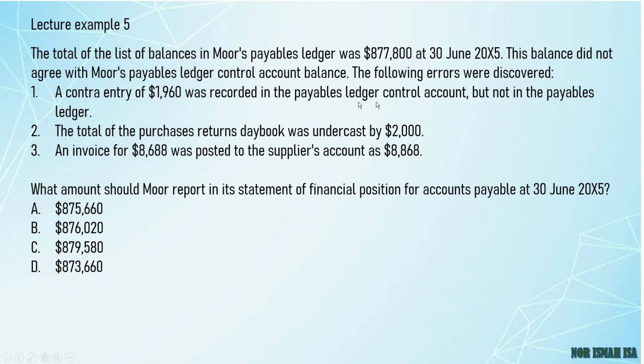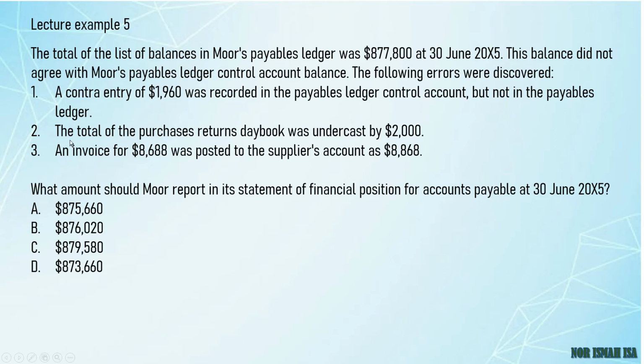So in the nominal account it has been recorded, but in the payable ledger, no. This means the mistake happened in the payable ledger, so you need to reconcile this in the payable ledger list statement.